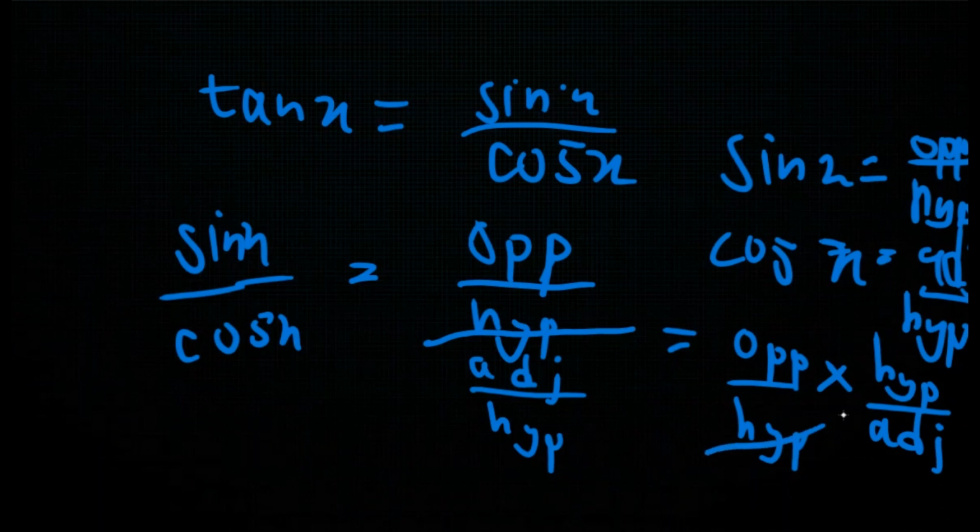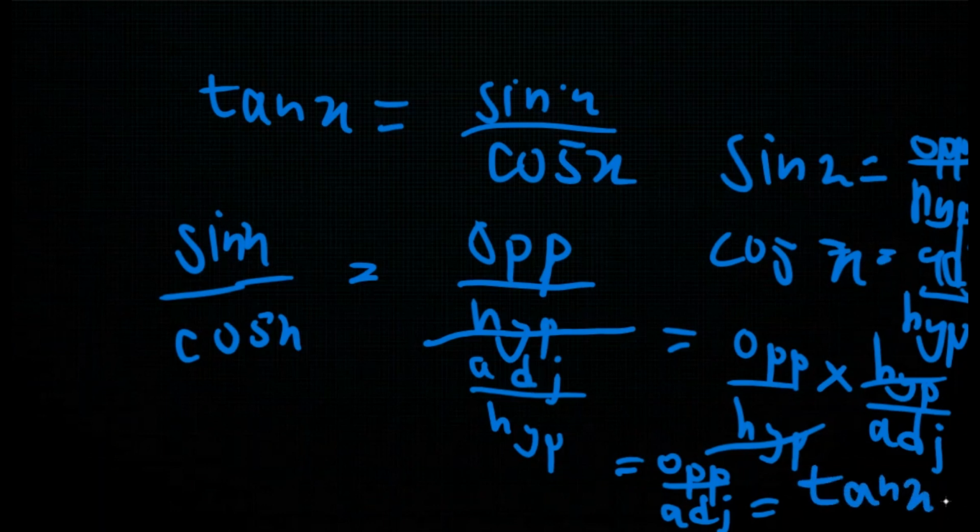As you can see, both hypotenuses cancel out and we remain with opposite by adjacent. We know that tan x equals opposite divided by adjacent. That's why it's equal to tan x. So we've proven that tan x equals sine x by cosine x.